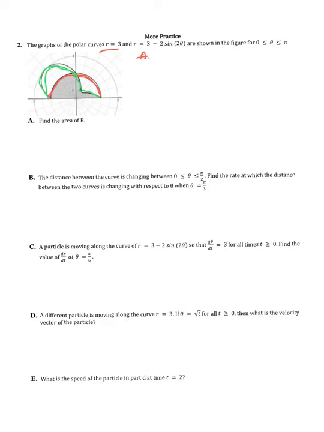So my first thought is that in quadrant 1, the entire graph is being formed by my green curve. So that means I'm going to be using the bounds in quadrant one. So quadrant one is all r equals 3 minus 2 sine of 2 theta.